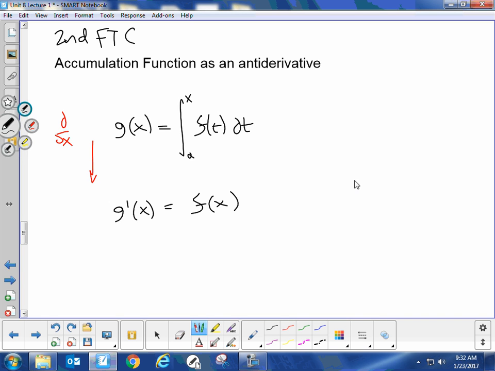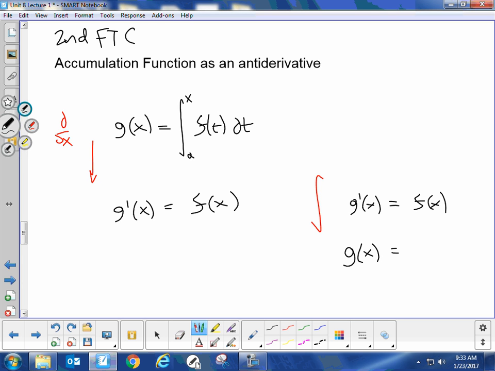Well, watch what I can do here if I take the antiderivative of both sides of this. What would we say is the antiderivative of g prime? G.